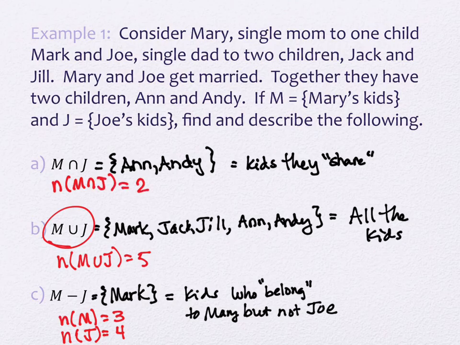So check it out. If I take 3 plus 4, what will I get? 7. Why did I get 7? Because Ann and Andy got counted twice. So when I subtract out the intersection of Ann and Andy, it removes that double counting to leave me with the 5 kids, counting 1 per kid instead of counting Ann and Andy twice.